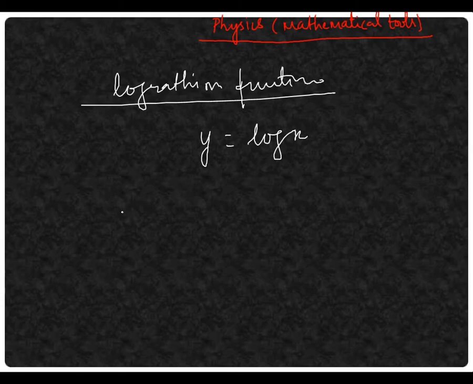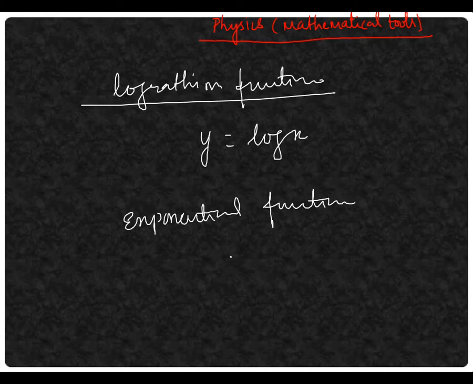And the last one is the exponential function, represented as y equal to e to the power x. e to the power x and log x are reversible, reciprocal of each other: we can convert e to the power x into log x and log x into e to the power x. We will discuss logarithmic and exponential functions later on.